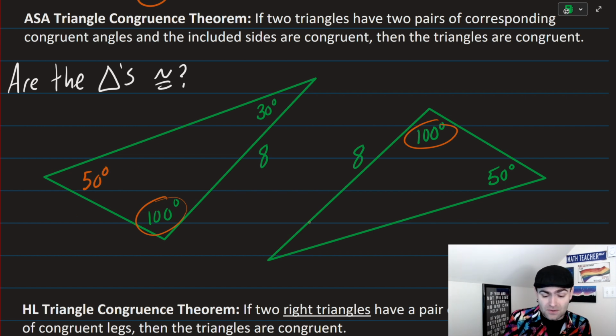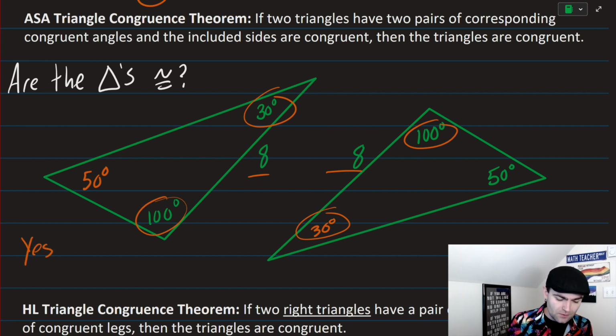And if this one's 50 degrees, this one's going to be 30 degrees because they're going to have the same number of angles within them. And now we can see that the 8s here are in between the 30 and the 100, which means that the two triangles are congruent. So yes, they are congruent by angle-side-angle, because we have 2 angles and the side between them congruent.